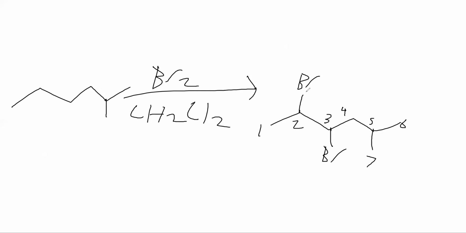So we have a bromine on carbon 2 and a bromine on carbon 3. So if we're adding two bromines, the bromines are going to go on both ends of the double bond. So it's just going to go here between carbon 2 and carbon 3.